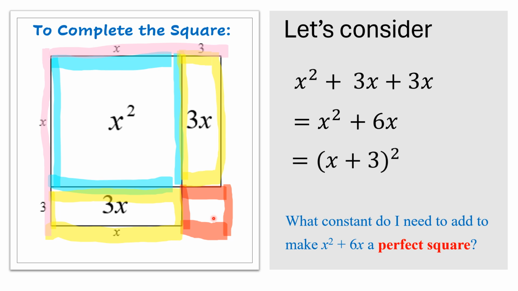To find the missing area, it is the area of the big square minus the area of the rest. I hope you get to see this particular pattern. Basically, for x squared plus 6x, to find this area, it is the same as the area of the big square minus the area of the small square.